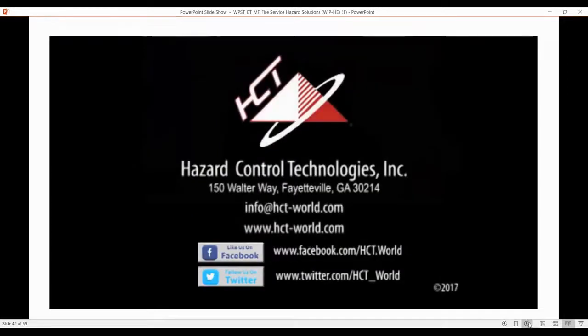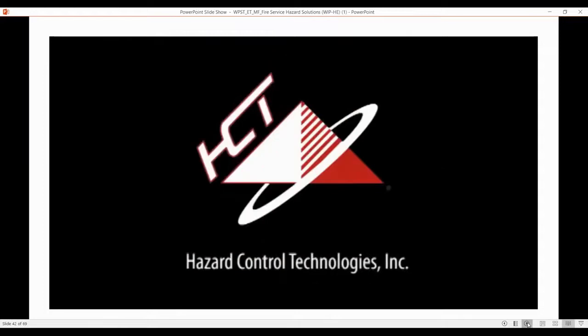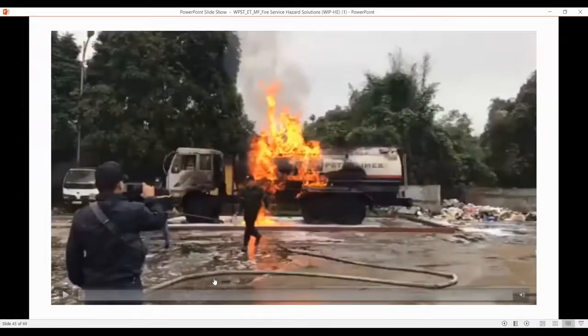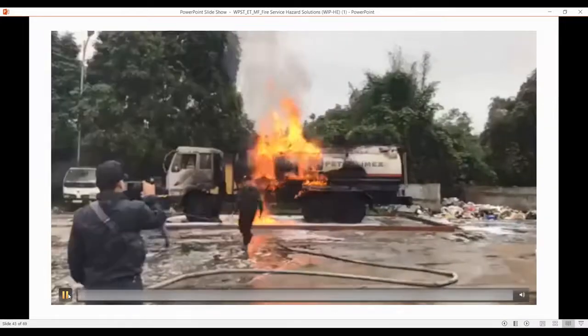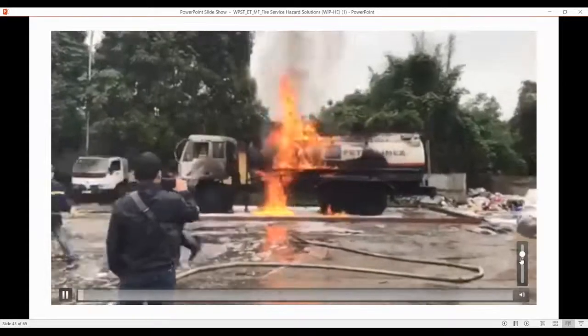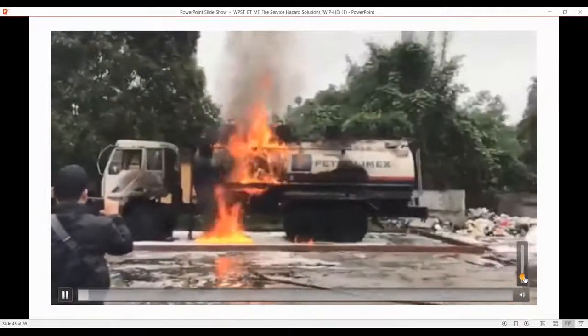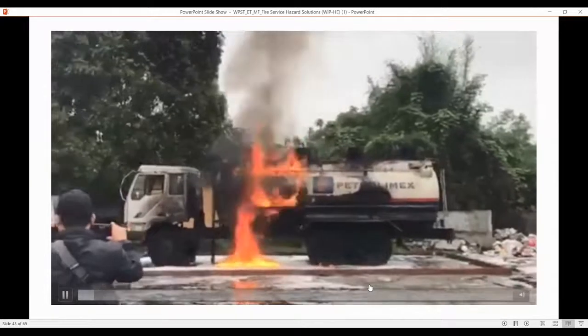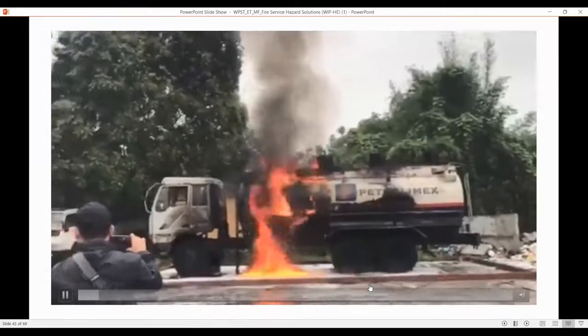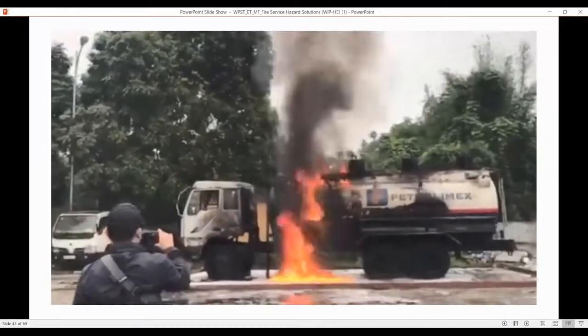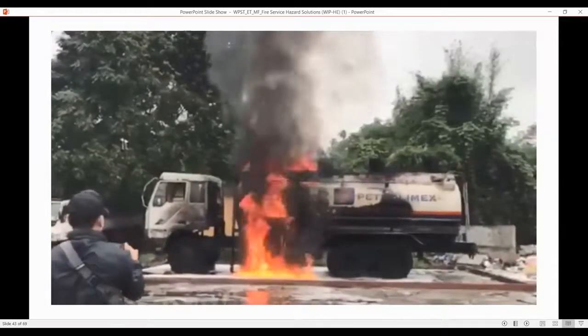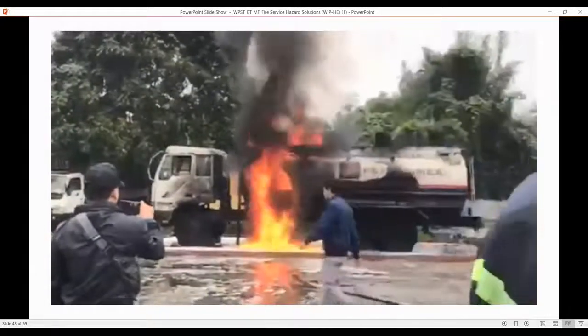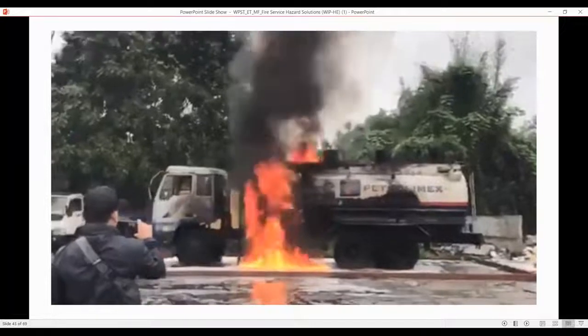Not too many of us that I know of have distillation systems in our first due district, but quite a few of us have tank trucks come through on a daily basis. So this comes to us from our distributor over in Vietnam. They actually constructed a tank truck simulator that is flowing diesel and gasoline down the side of the tank.